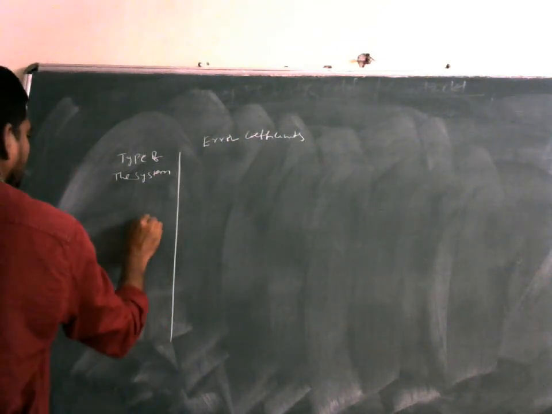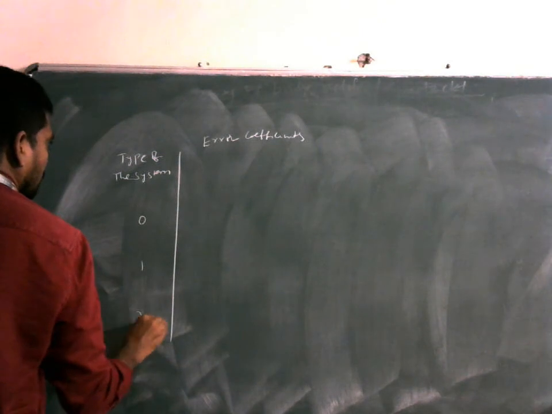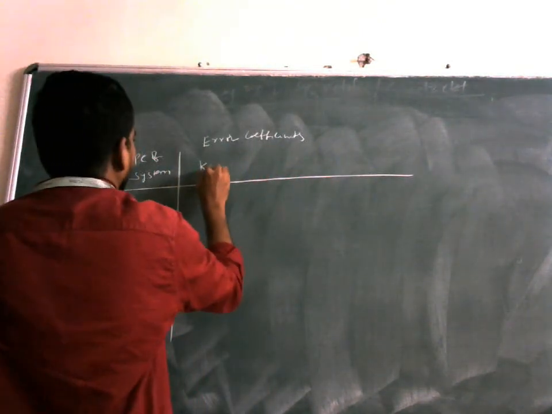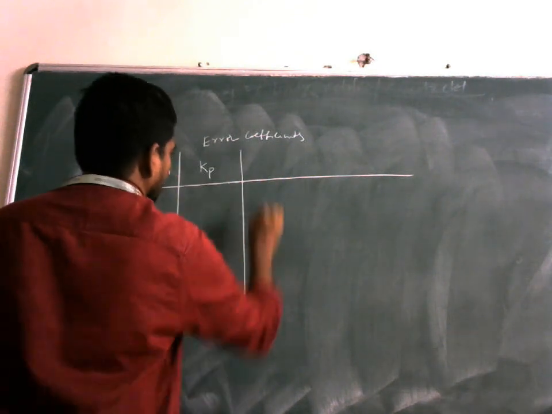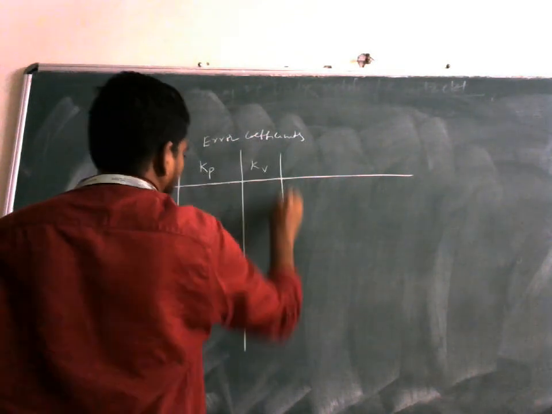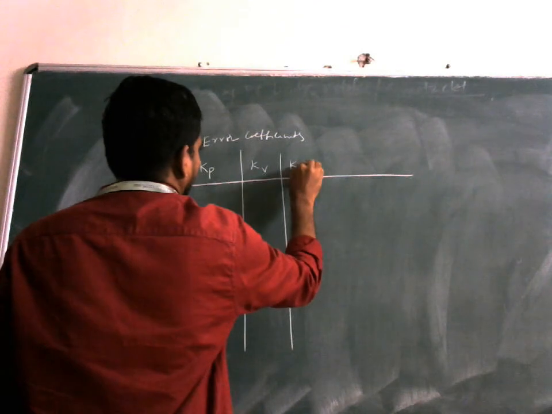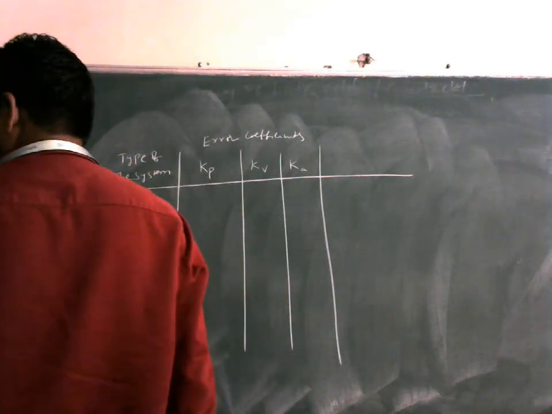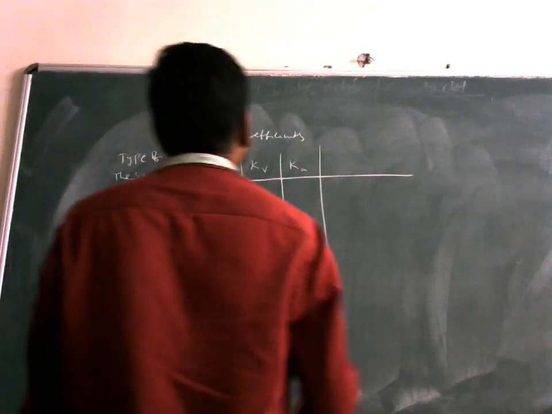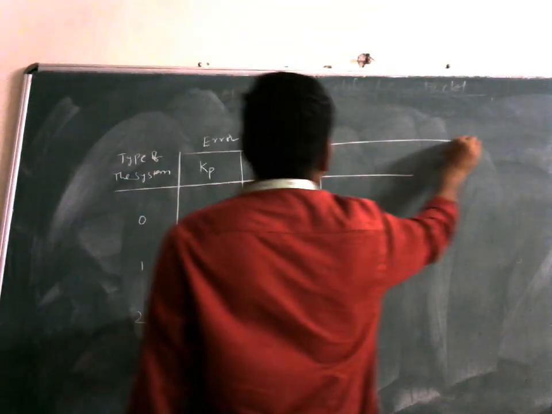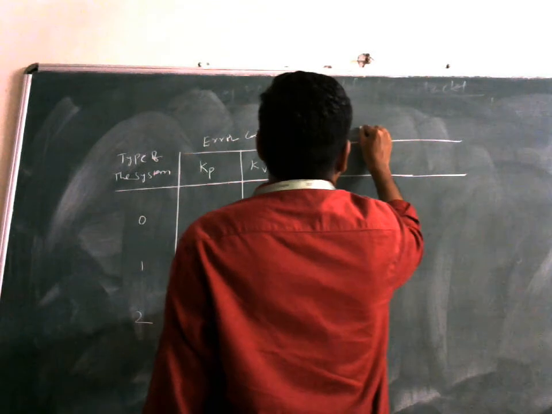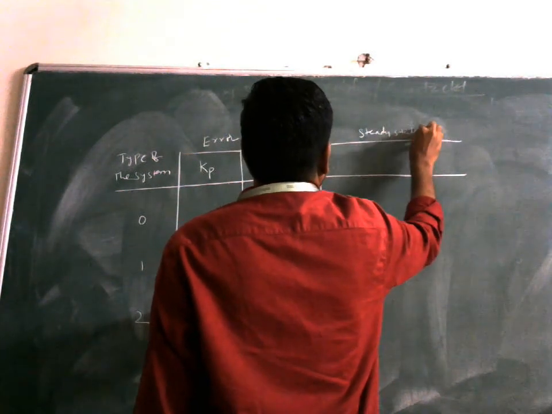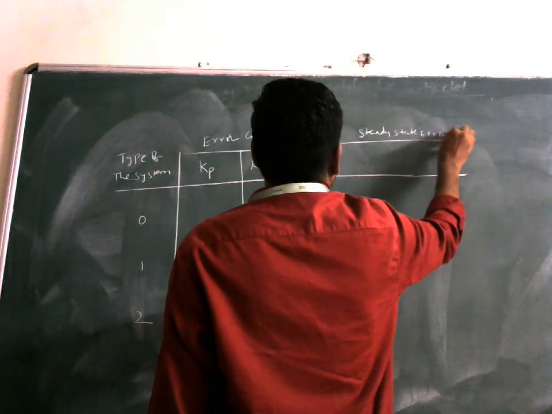We can take 0, 1, 2 as the type of the system. Error coefficients we are having Kp, next one Kv, and next one Ka. Next we are having the steady state error, that means ess.